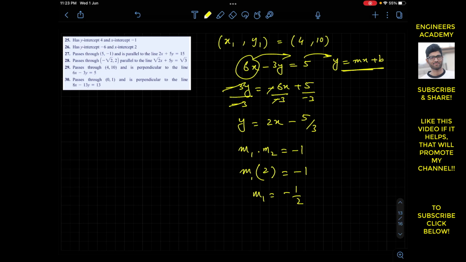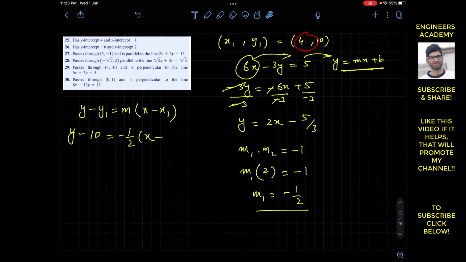Now we can use the point-slope equation, which is y minus y1 equals m times (x minus x1). We are given this x1 and y1, and now we know the slope, which is minus 1 divided by 2. So y minus y1 is y minus 10, the slope is minus 1 divided by 2, and x minus x1 is x minus 4.